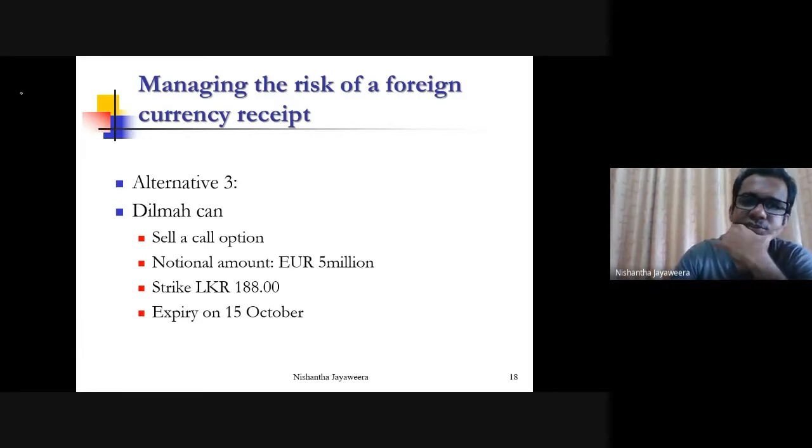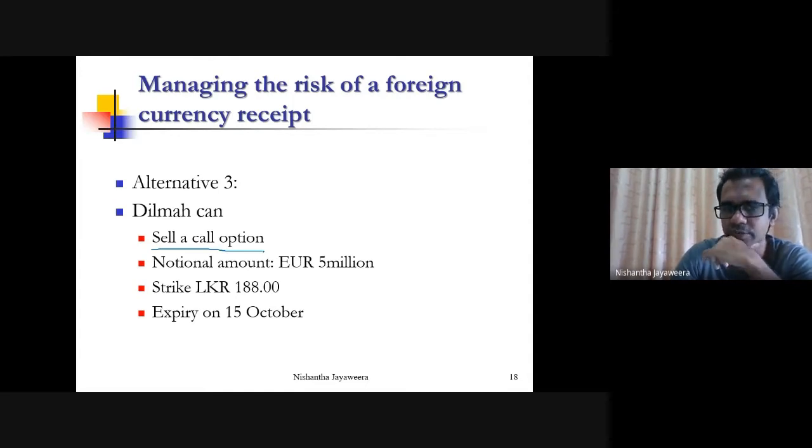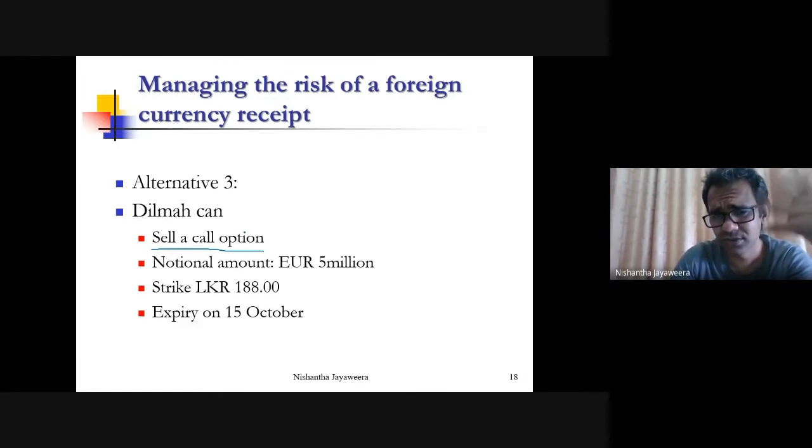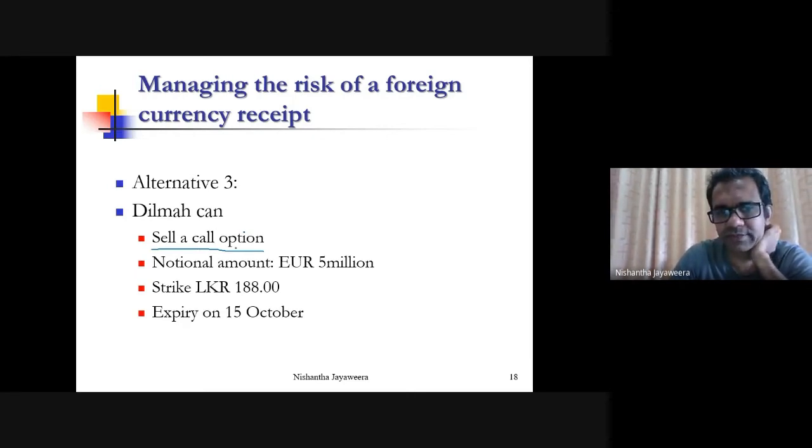Here, what do you do? You sell a call option. Then what is your position when you sell a call option on euro? You are receiving euro, and you sell a call option. When you sell a call option, what is the right of the buyer?